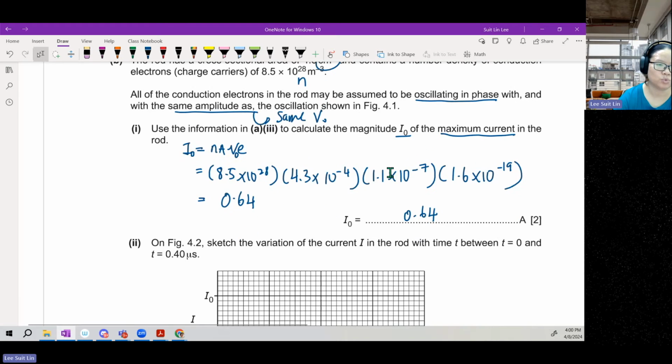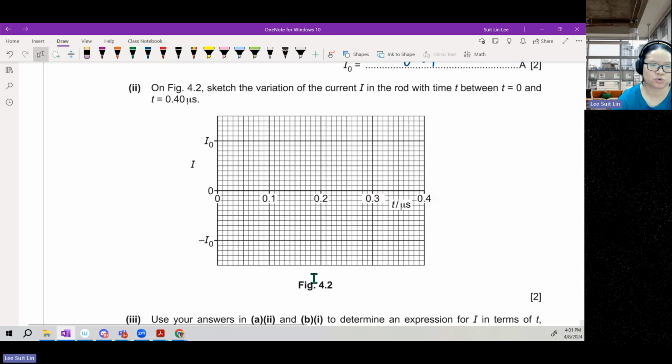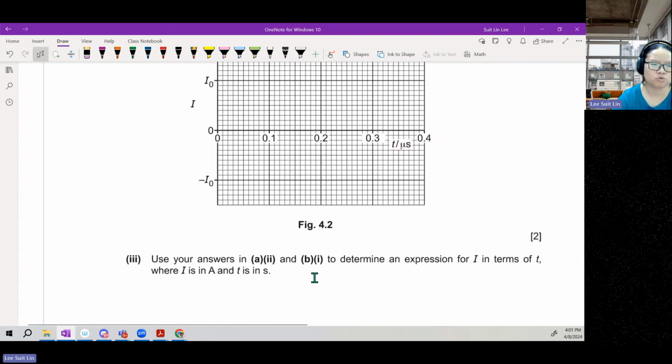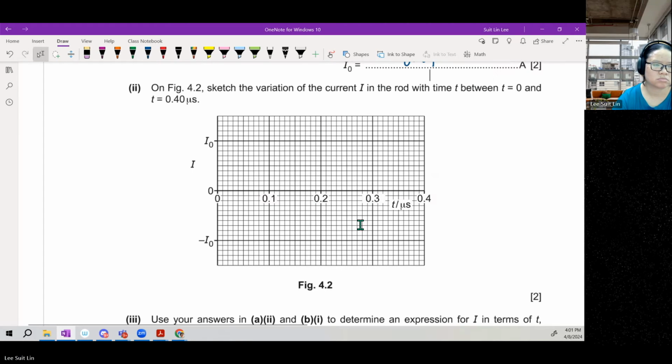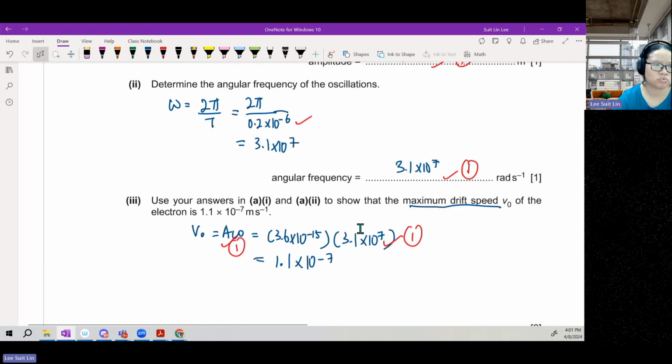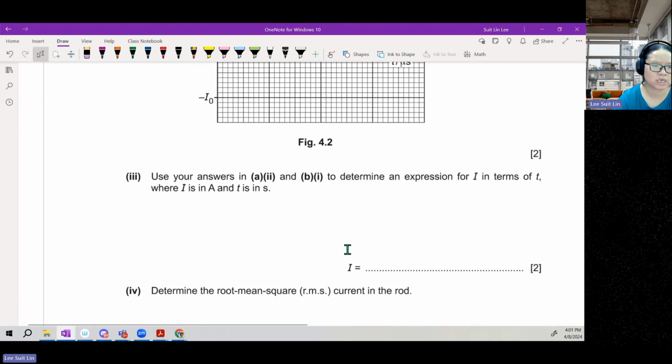All right, part 2. Sketch how the I-t graph will change, 2 marks, and use your answer in A2 and B1. A2 is this one, omega. B1 is this one.